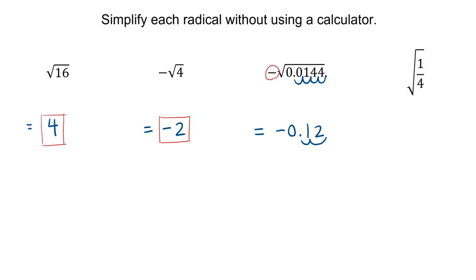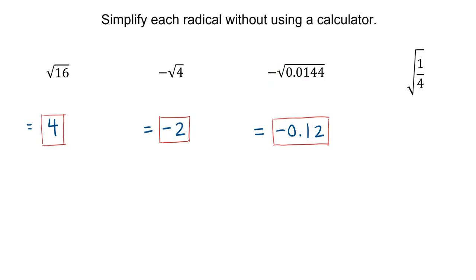So 12 100ths times 12 100ths is 144 10,000ths. And of course, if you need to double check yourself, you can always use your calculator and just multiply negative 0.12 by negative 0.12, and you should get 0.0144.